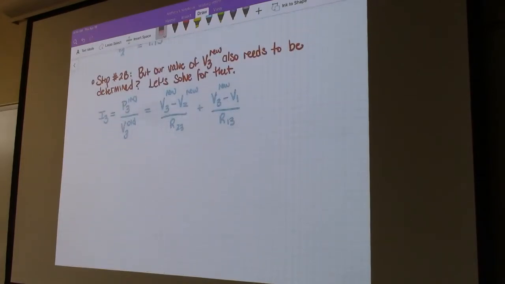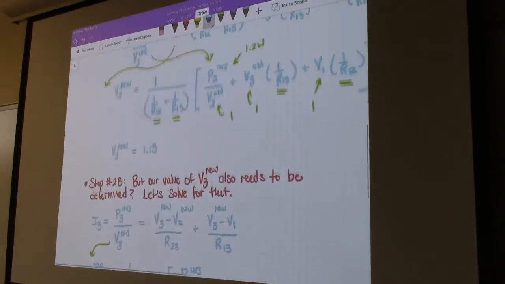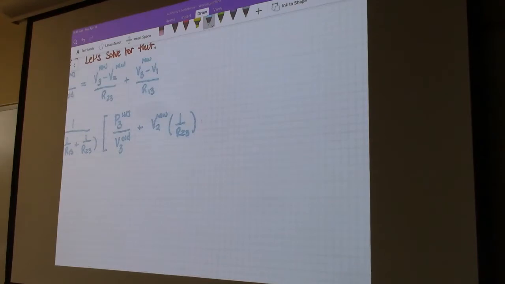And so what we'll end up with is, after we switch some things around, the same algebra, V3 new is equal to 1 over R13 plus R23 times P3 injection over V3 old plus V2 new, 1 over R23, plus V1, which is known, 1 over R13.